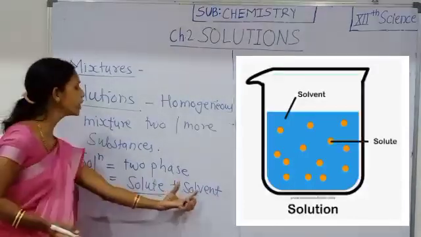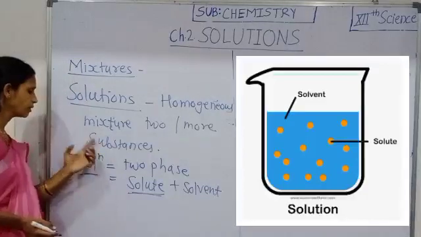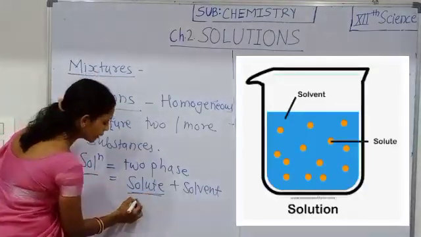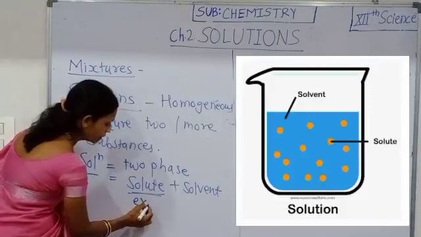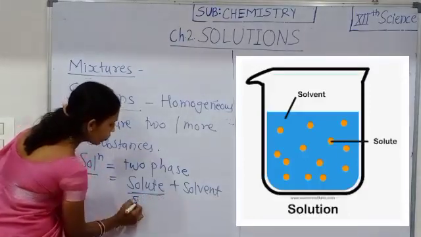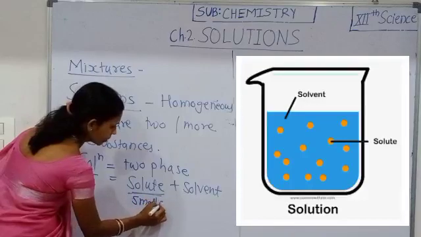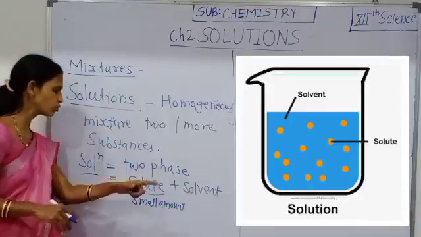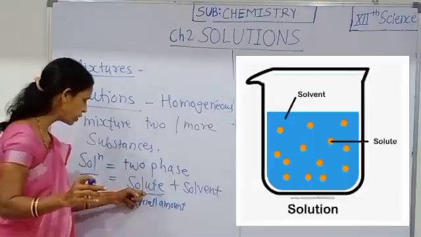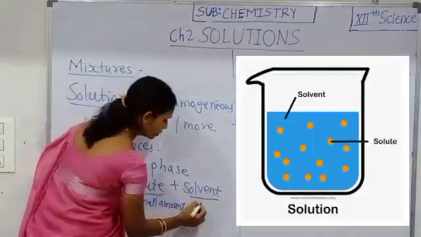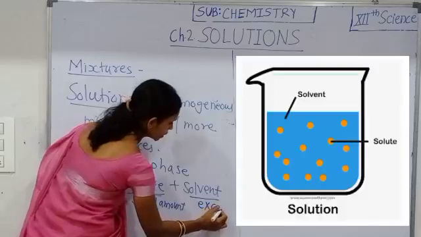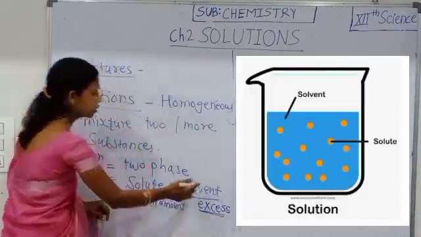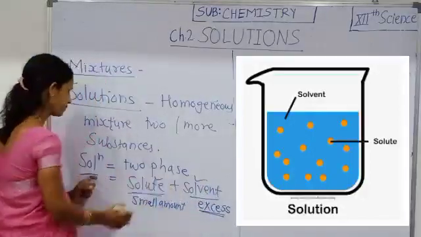The mixture of solute and solvent makes the solution. The substance present in the solution in small amount is called the solute, whereas the substance present in excess amount is called the solvent.